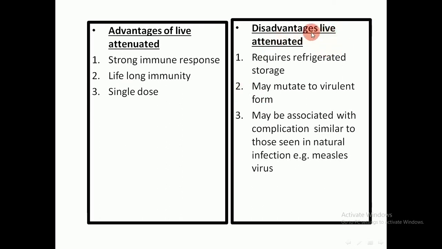While the disadvantage of live attenuated vaccines is that they require refrigerator storage, and where we do not have electricity, this is a major problem. They may also mutate to a virulent form and may be associated with complications similar to those seen in natural infection. For example, the measles vaccine may cause complications like encephalitis.